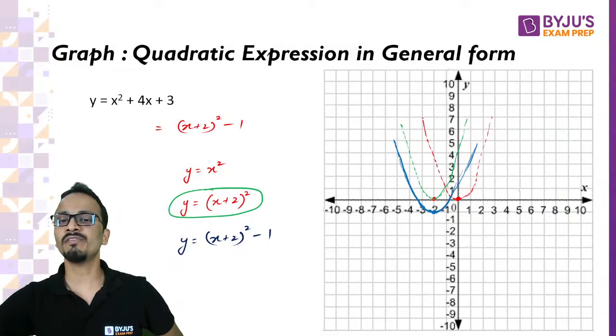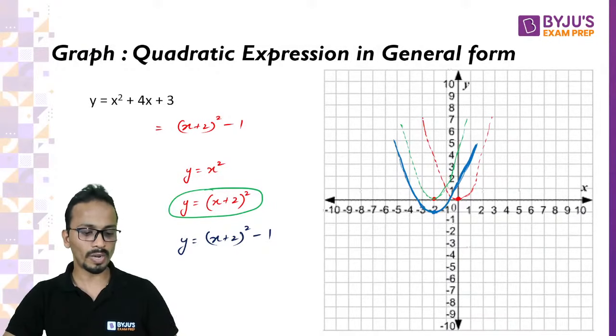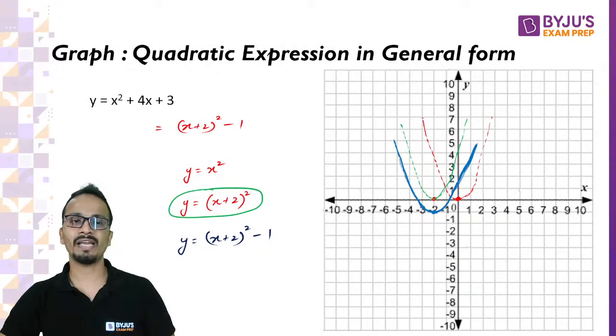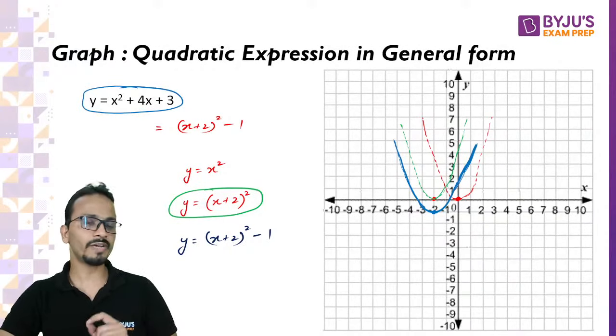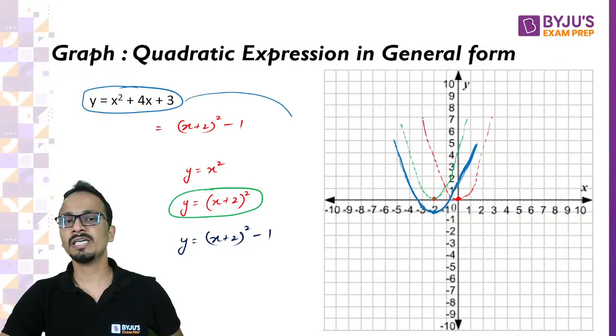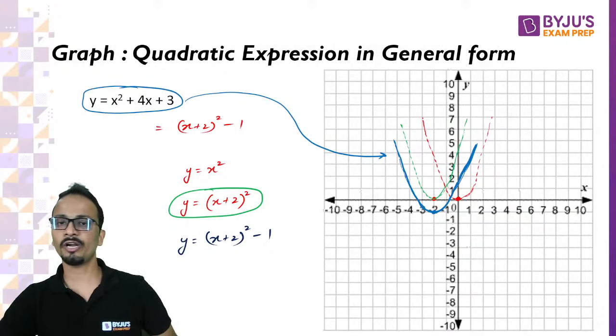And this will be the final graph of y equal to x plus 2 whole square minus 1. So now I can say that the final graph of x square plus 4x plus 3 is the graph that I have drawn with blue color on these coordinate axes.